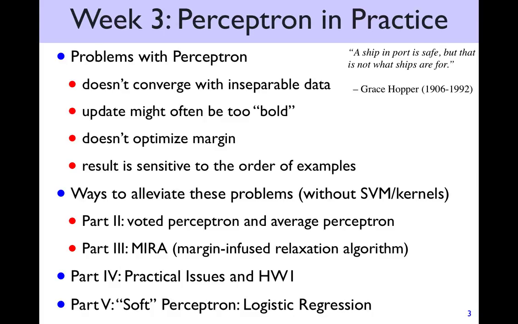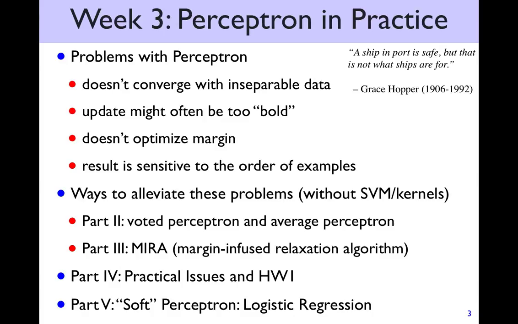And updates might often be too bold, that means too big. That is not very stable, and one of the major problems with Perceptron is that it does not optimize margin. It's totally happy with any non-zero margin, right? It does not maximize the margin, which SVM, support vector machine, would do in the next week. And its output is sensitive to the order of examples.